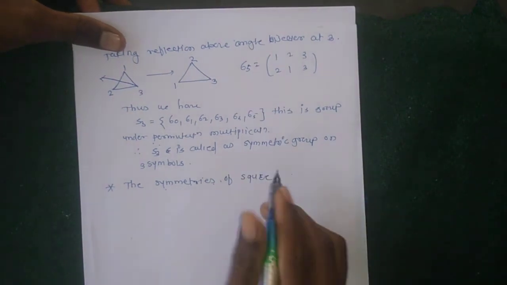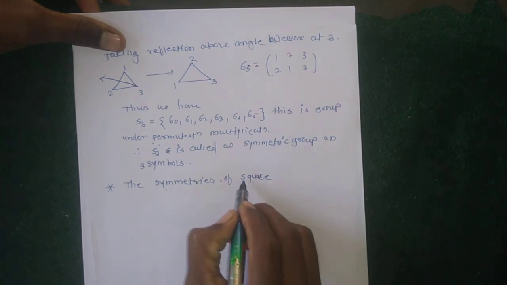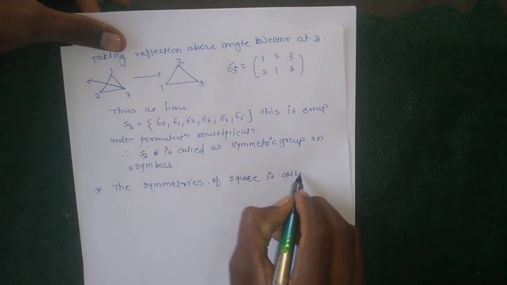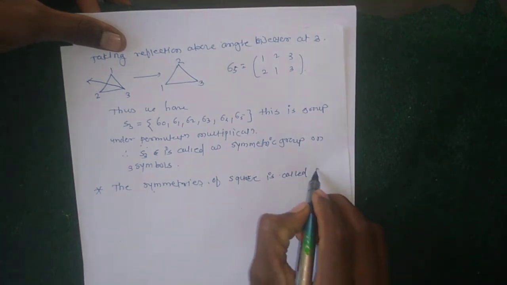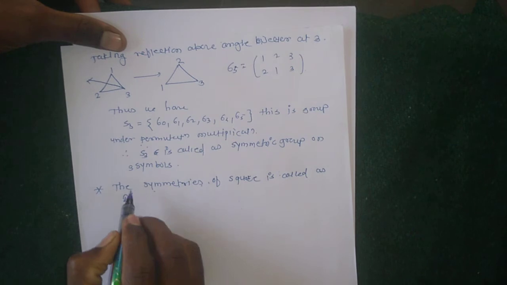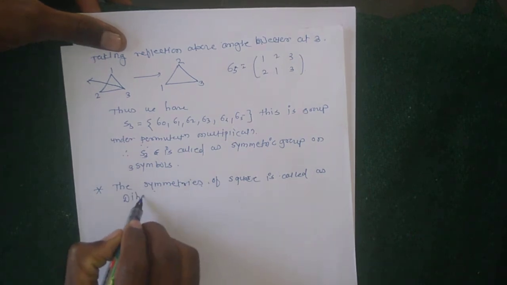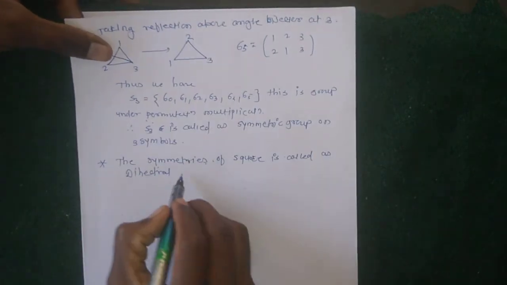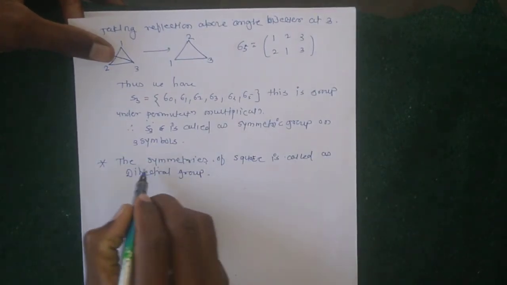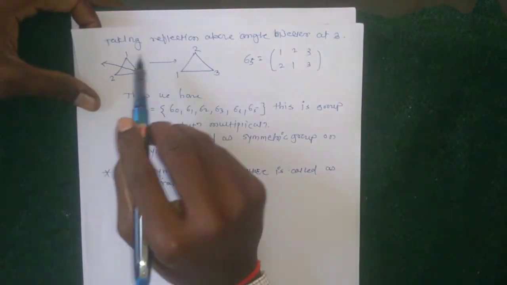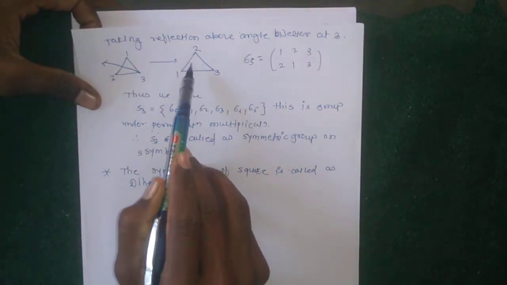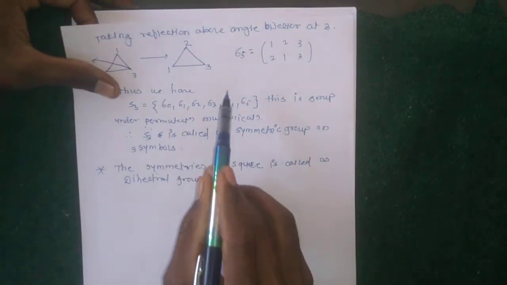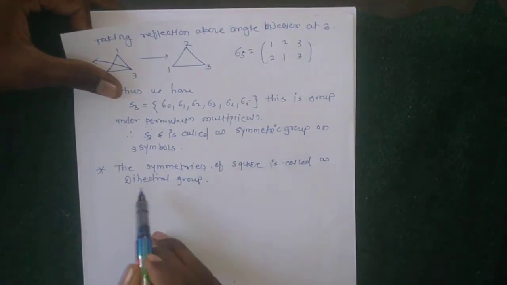The symmetries of a square are called the dihedral group. Symmetries of a triangle are called the symmetric group and symmetries of a square are called the dihedral group.